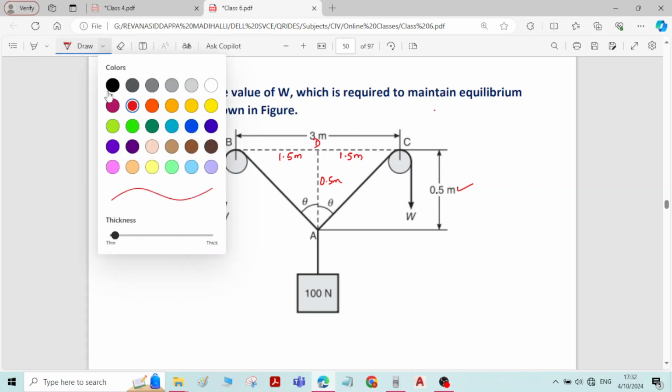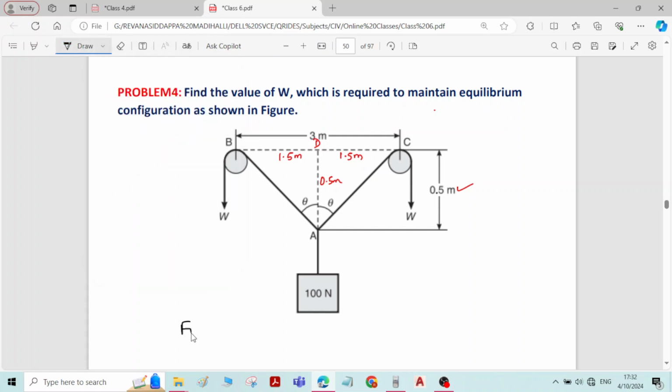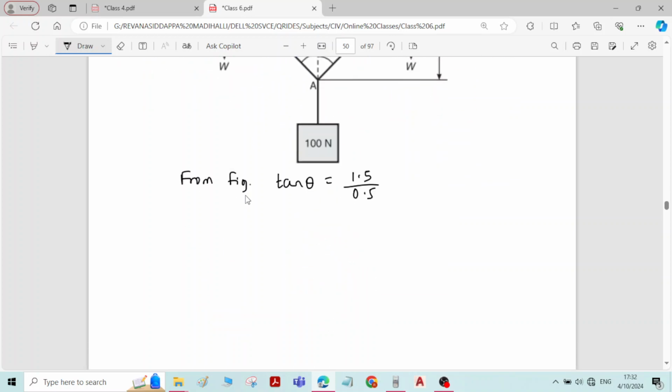So from the figure, if you apply tan theta is equal to opposite by adjacent, opposite is 1.5, adjacent is 0.5. Therefore theta is equal to tan inverse of 1.5 divided by 0.5.